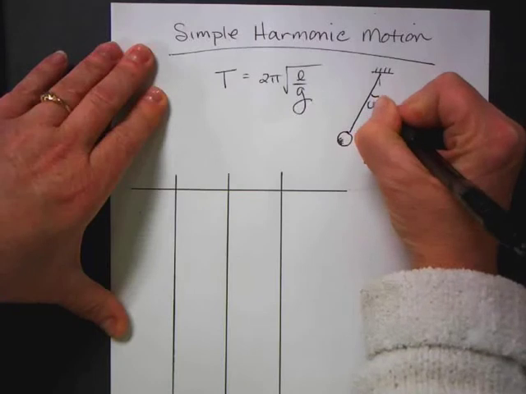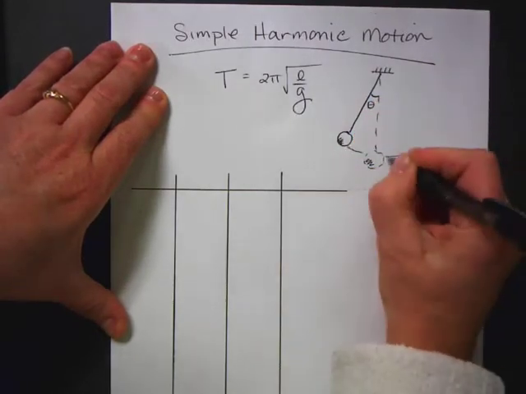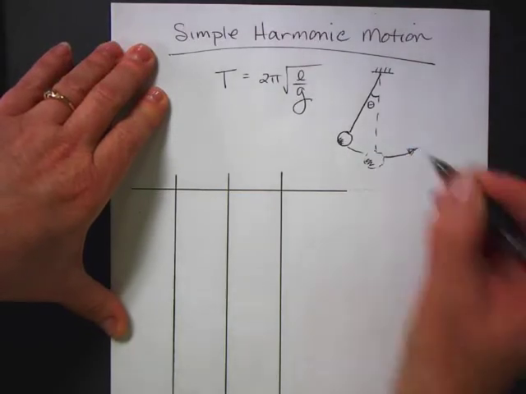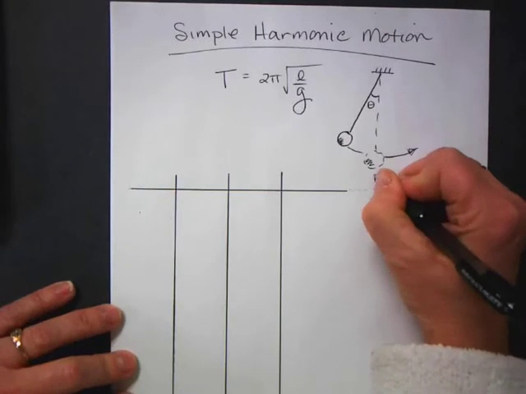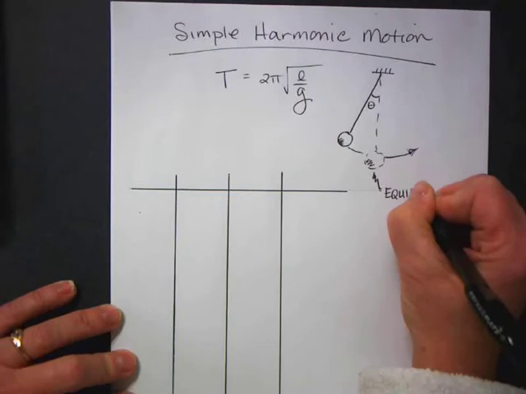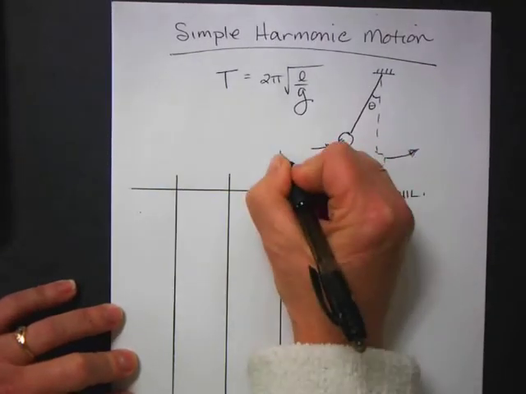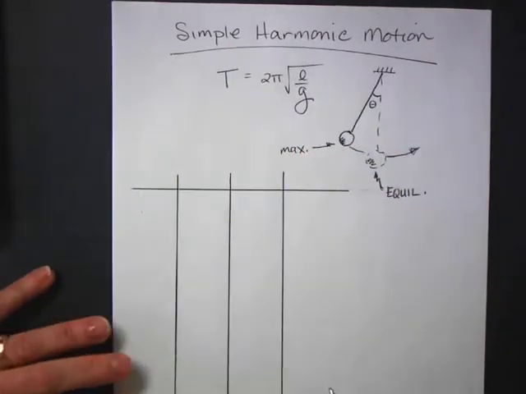So we're going to look at it at a position theta as it swings, and then returns back to that position. In the middle, again, is our equilibrium position, just like a mass on a spring. And then here is going to be our maximum displacement, just like mass on a spring.